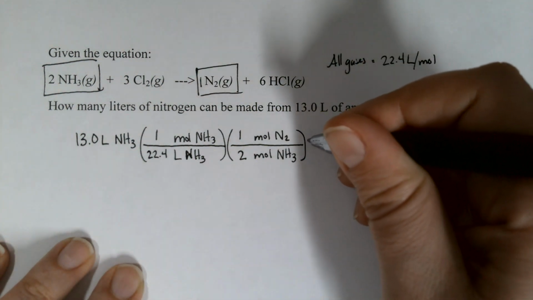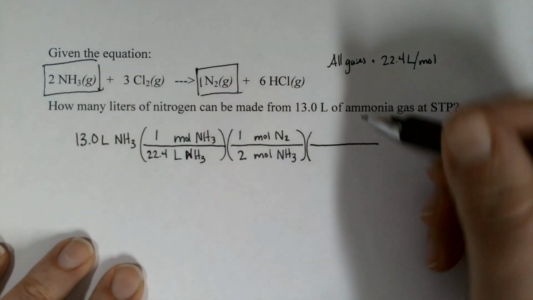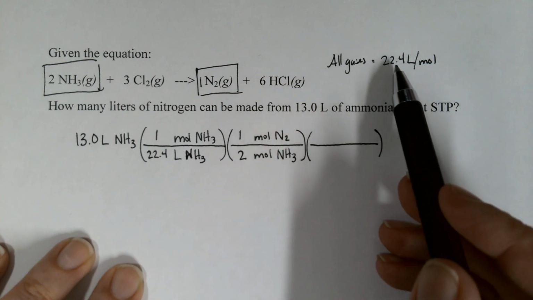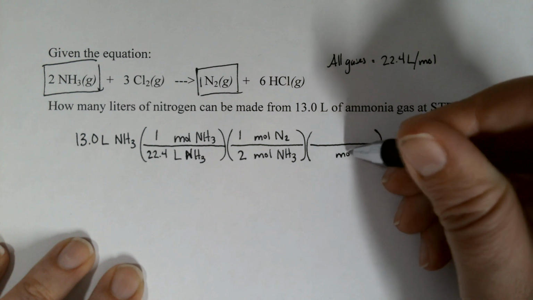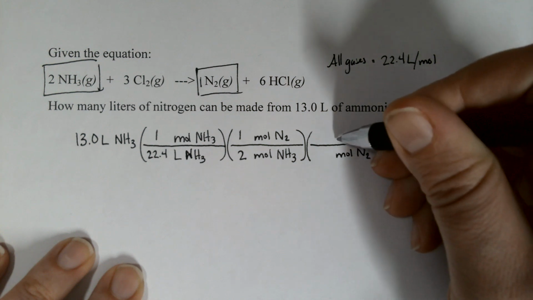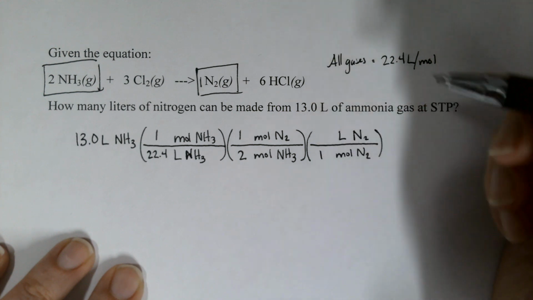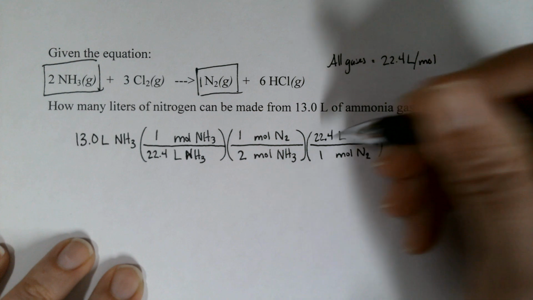And then the last ratio, we now have moles, and we need to get back to liters. So, once again, all gases follow this ratio. So we're going to cancel out moles of N2 to get liters of N2. And that's 1 mole of N2 per every 22.4 liters of N2.